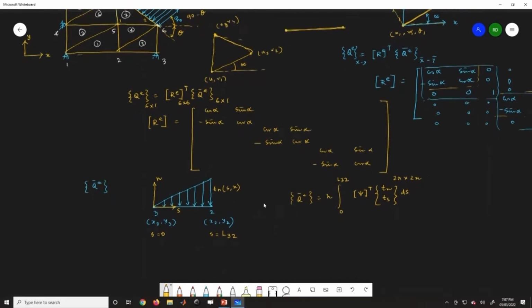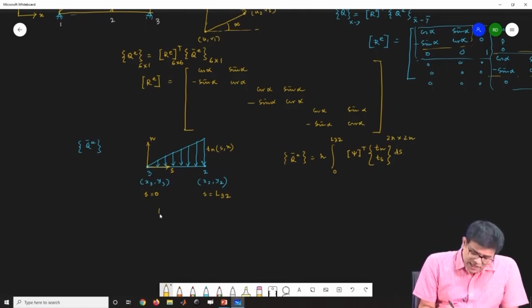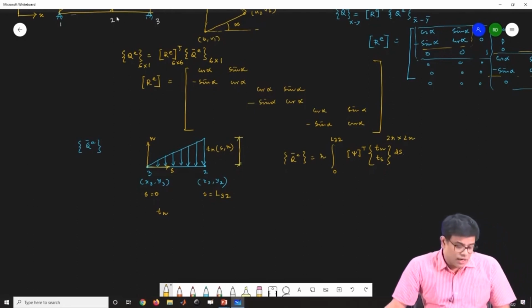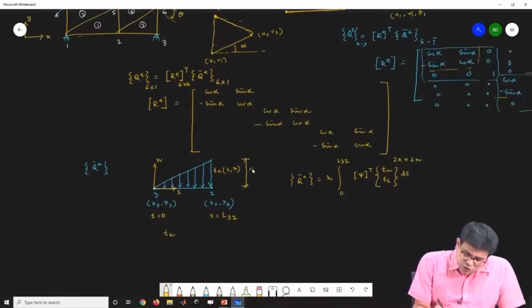But if you look carefully at what my Tn is here, the maximum height of the intensity of this load is Q0. So this is my Q0.